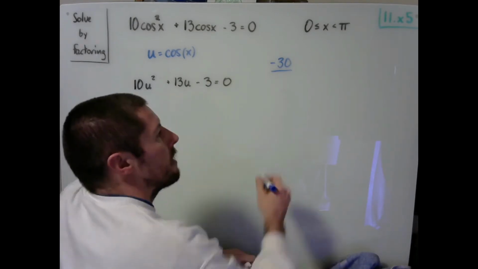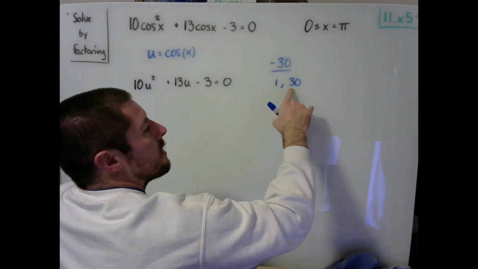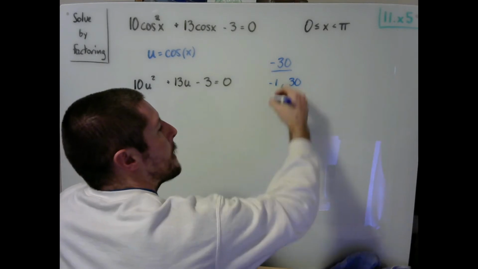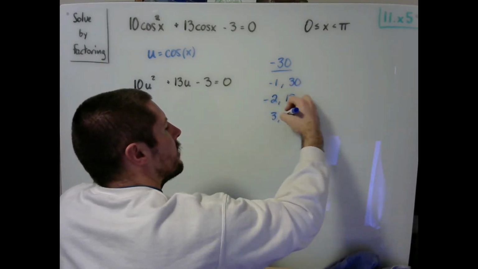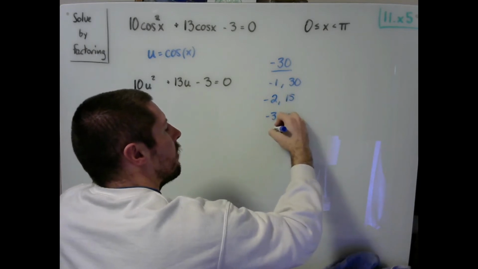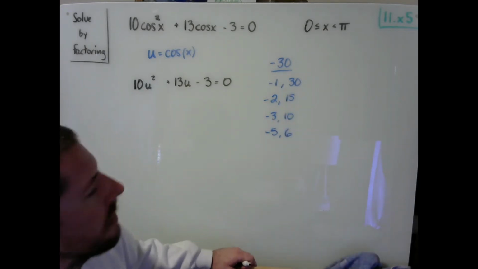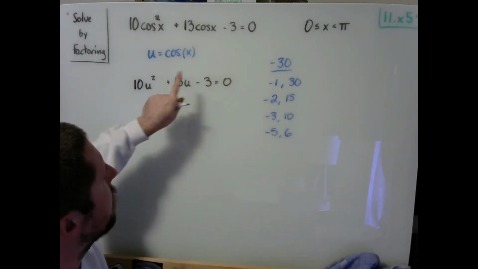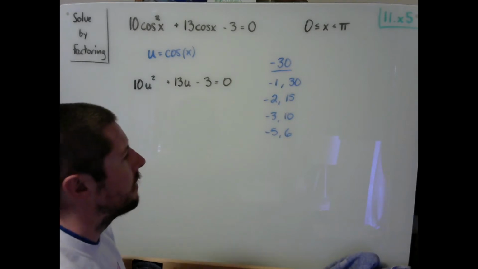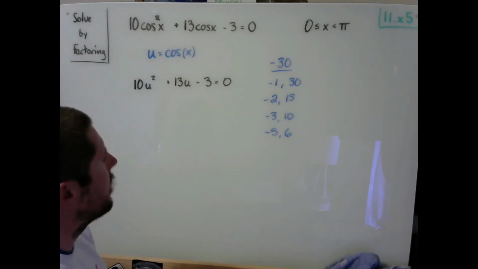So what do my pairs look like for 30? 1 and 30, where the larger one is positive, but the smaller is negative. 2 and 15, 3 and 10, 5 and 6. I think these are all my pairs associated with 30. In all the cases, the larger of the two numbers is positive because my middle term is a positive value here. So now which of these pairs should I choose?